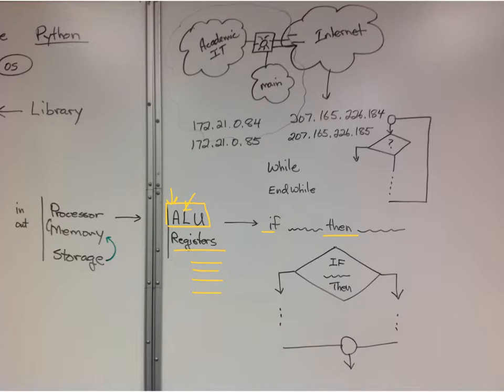It can say, if this, and this would be comparing bits. Comparing the bits, are the ones and zeros equal, or is one group greater or less than the other? And if so, then perform some particular operation.